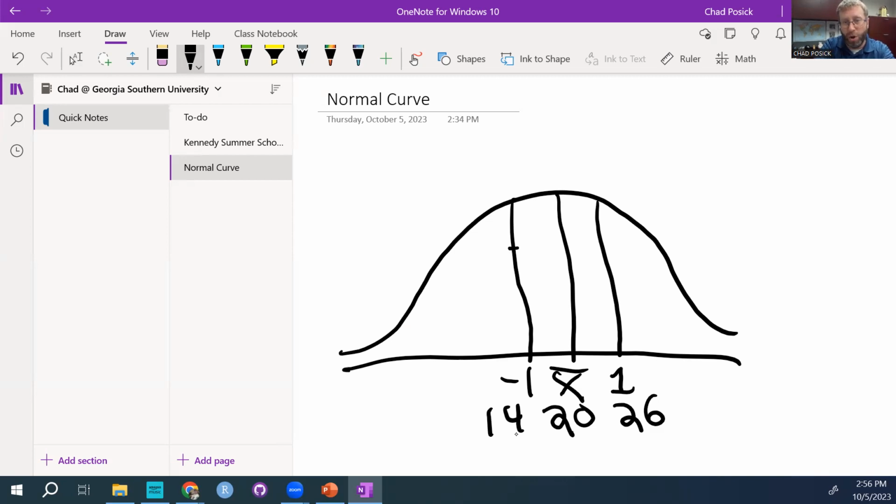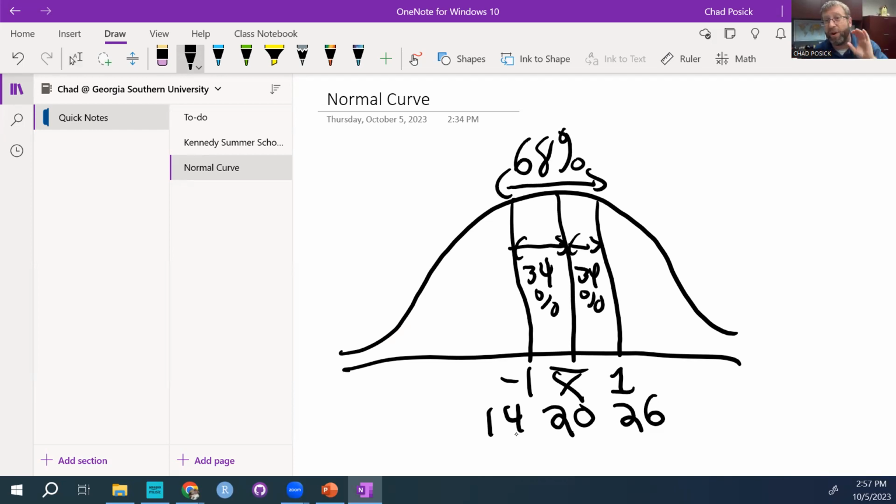And you should say, well, I know in here, that's 34% of people, and this is another 34% of people. So if I add those two together, that's that 68%. Always remember, 68% of all people are between one standard deviation above and below the mean.